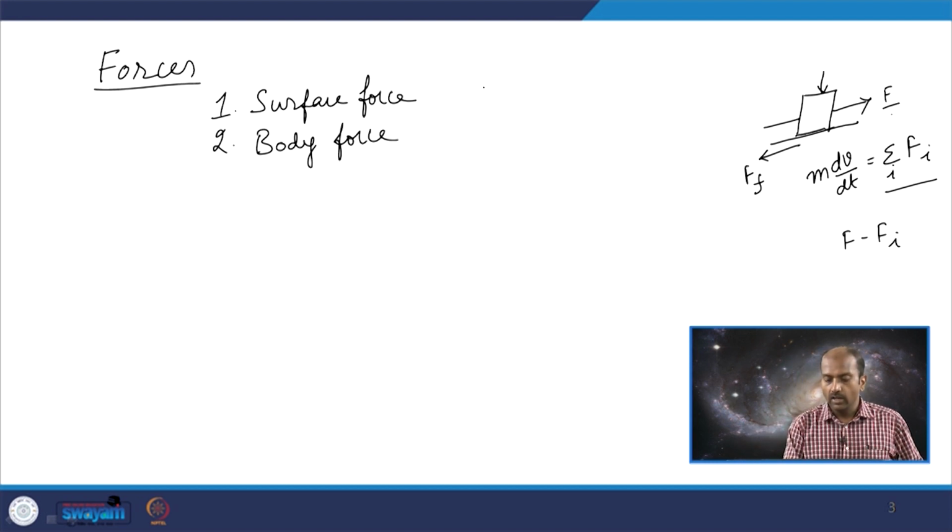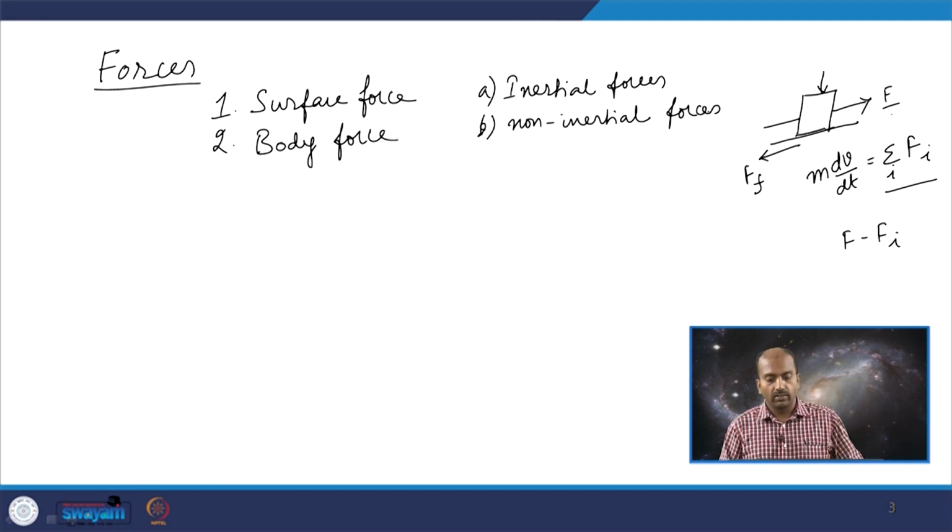Let's call this A. A is inertial forces, and B is non-inertial forces. Okay, so there are different characterizations of forces.